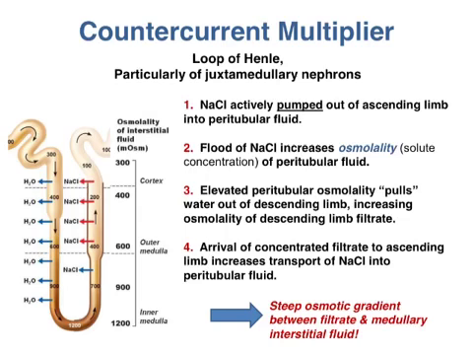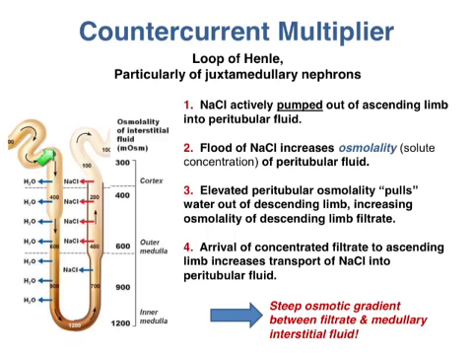This diagram over here shows you the relationship between the osmolarity of the filtrate and that of the interstitial fluid around the loop of Henle. So filtrate comes in the proximal convoluted tubule, flows down the descending limb, and back up the ascending limb.